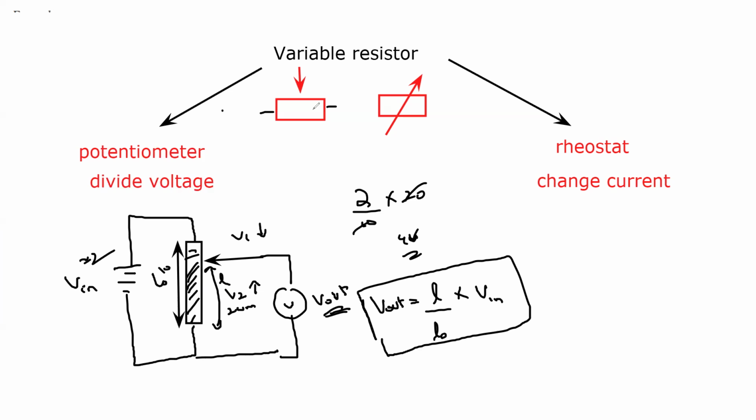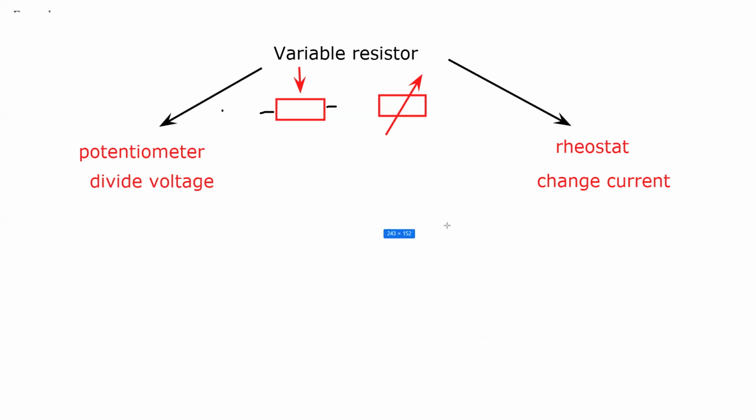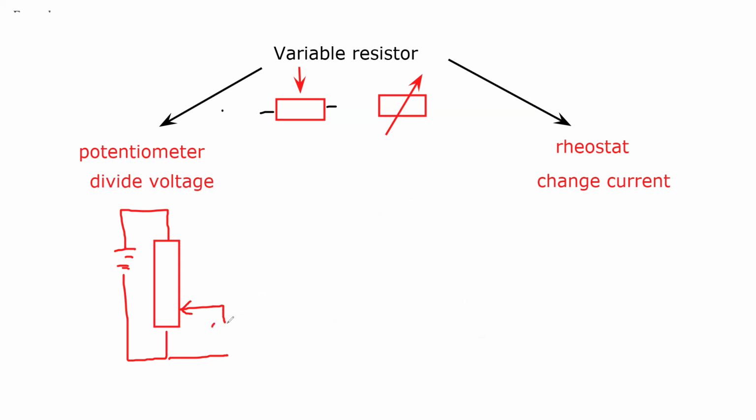But when we use it as a rheostat, the advantage of using a potentiometer is this: if we move the sliding contact down and here we connect a voltmeter or a device, here is the voltage output and this one is the voltage input.